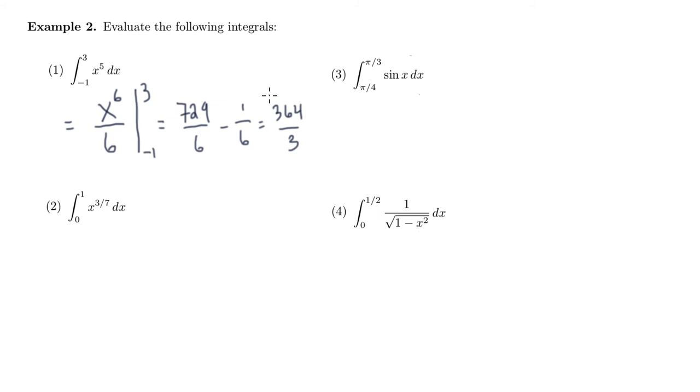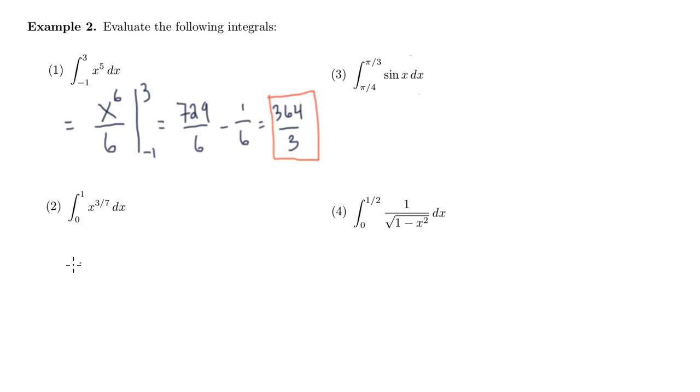And remember that this number is actually the area bounded between the graph of this function and the x-axis over that interval from -1 to 3. Okay, easy enough. So the trick is find an antiderivative and then just evaluate the antiderivative at the upper limit of integration and the lower limit of integration.